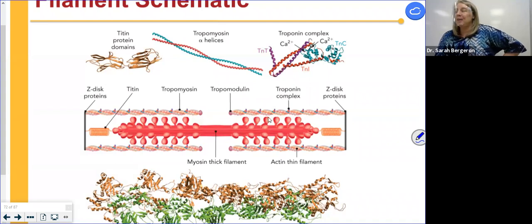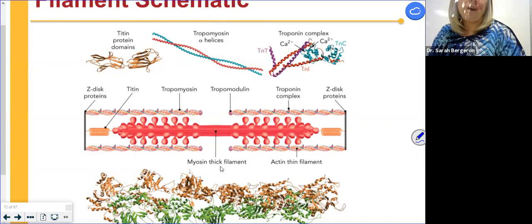It's the tropomyosin that's actually blocking the binding sites of actin from myosin. And when troponin binds to that calcium, it induces a conformational change, which then exposes those binding sites for myosin to bind to actin.